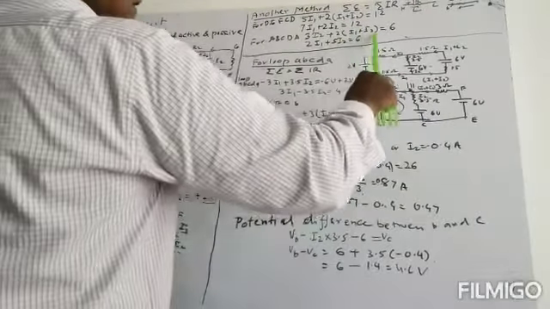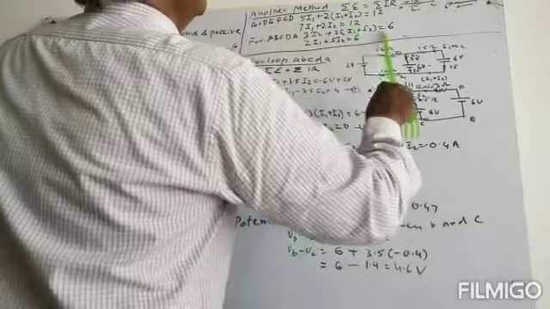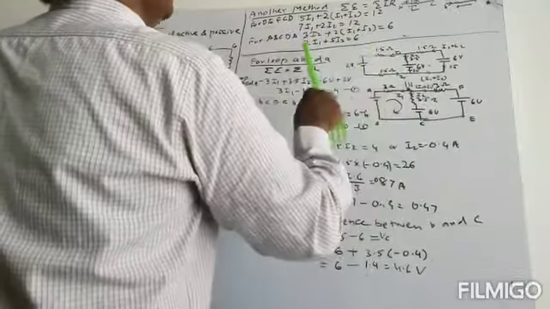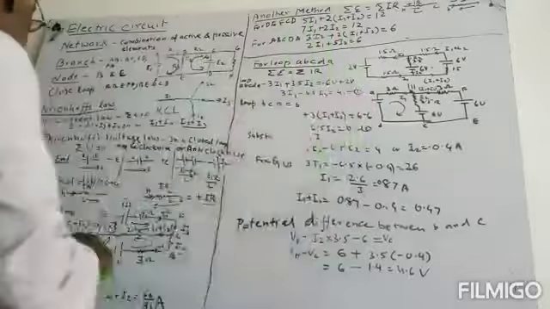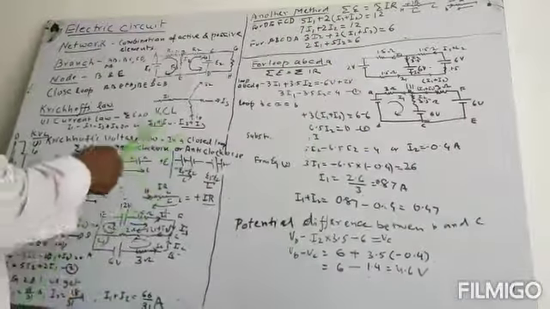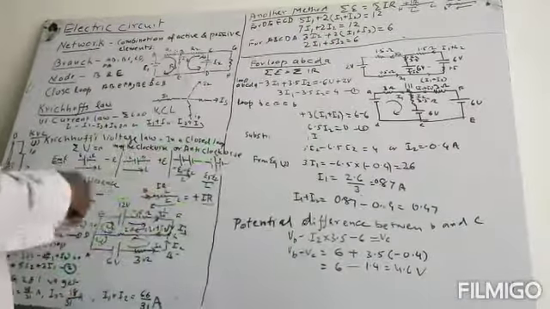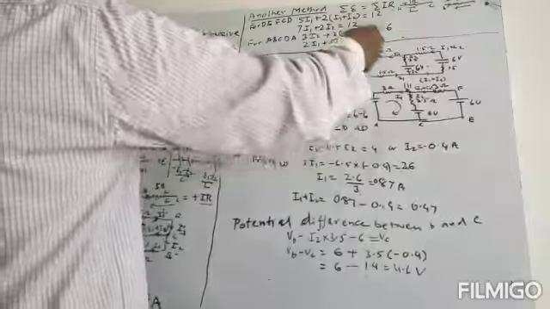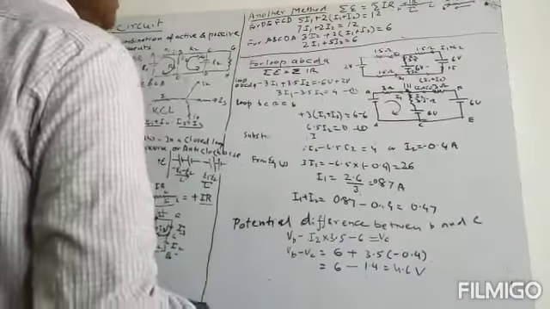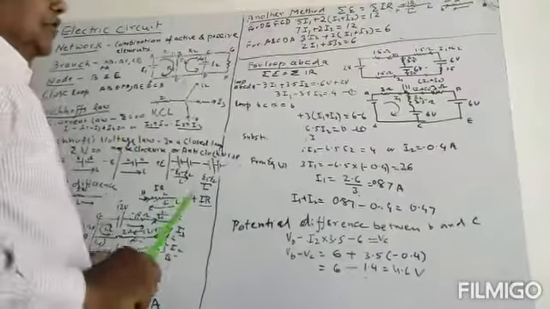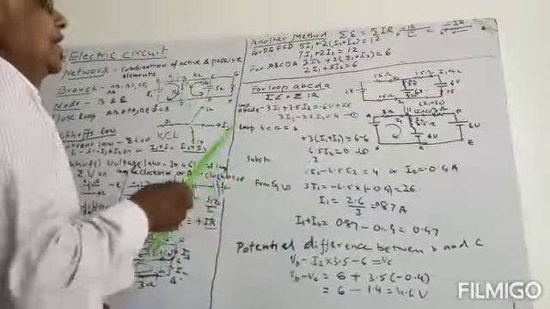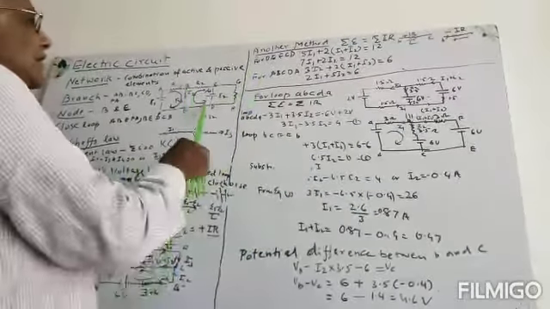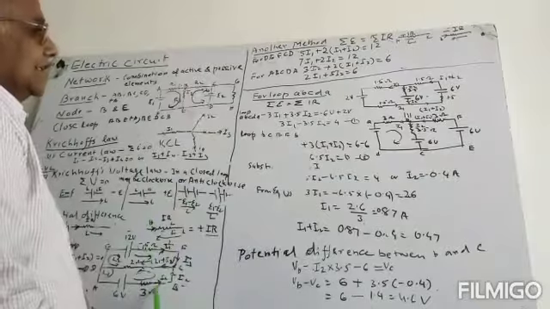We solve it, and 2I1 plus 5I2 is equal to 6. This is the same equation. So both methods are suitable, and there are other methods also, but I am discussing only two methods by which we can solve this electrical circuit.